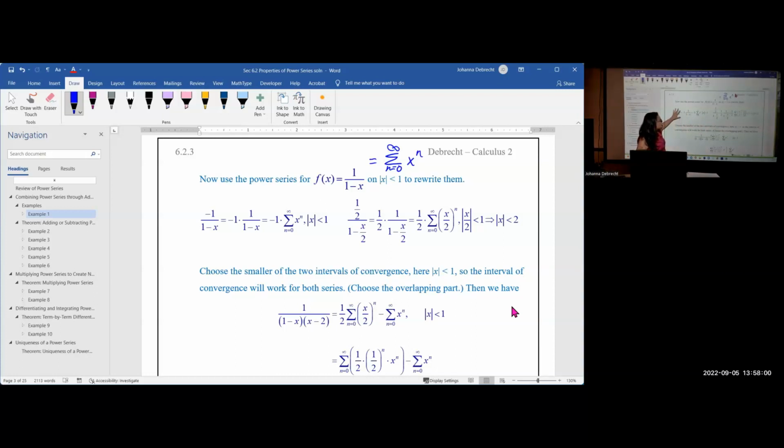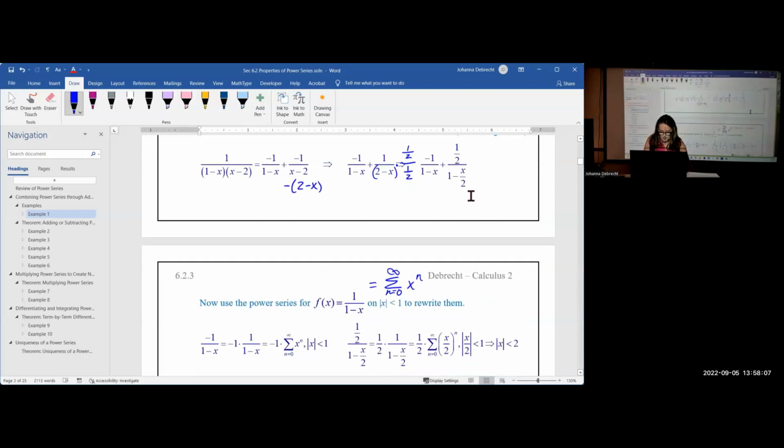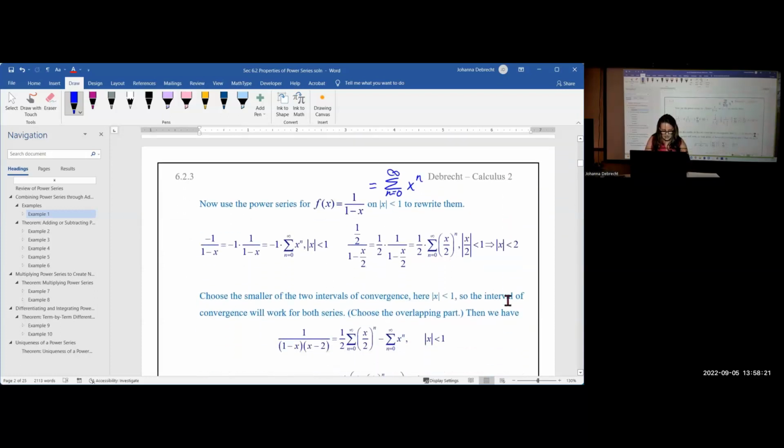So we take the first fraction, which is this one here, -1 over 1 minus x. So what am I doing? I'm taking the representation I had here. I'm going to take each one of these one at a time, and I'm going to represent them with a power series. So first, I want to look at this term, -1 over 1 minus x. So I take the numerator to the front, make it a constant coefficient. That makes the numerator a 1, the denominator a 1 minus something with a variable x.